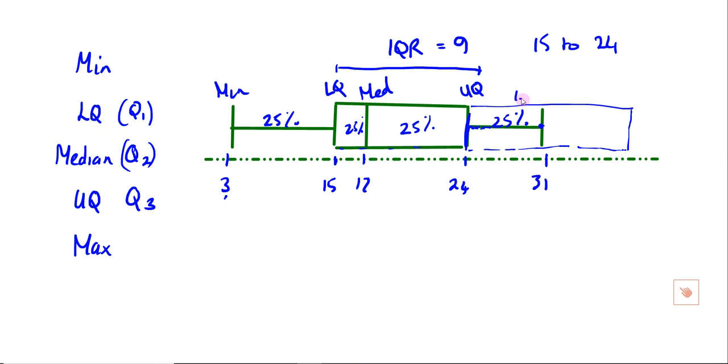So that's 1.5 lots of the interquartile range, and anything outside that is an outlier or an anomaly. 1.5 times 9. So I've got 24 plus 1.5 lots of 9, and I've got 15 subtract 1.5 lots of 9. Go off the other end as well.